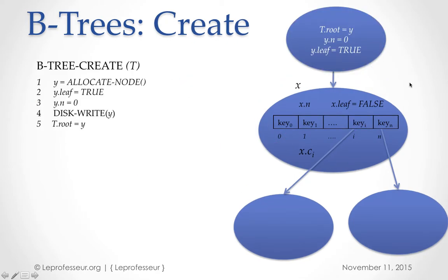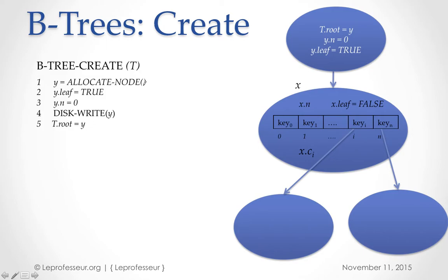Now let's talk about the creation of a tree. It's again a very simple procedure. Once you know what you're going to store at each node, you allocate the node. The allocate node procedure is basically allocating the memory space.